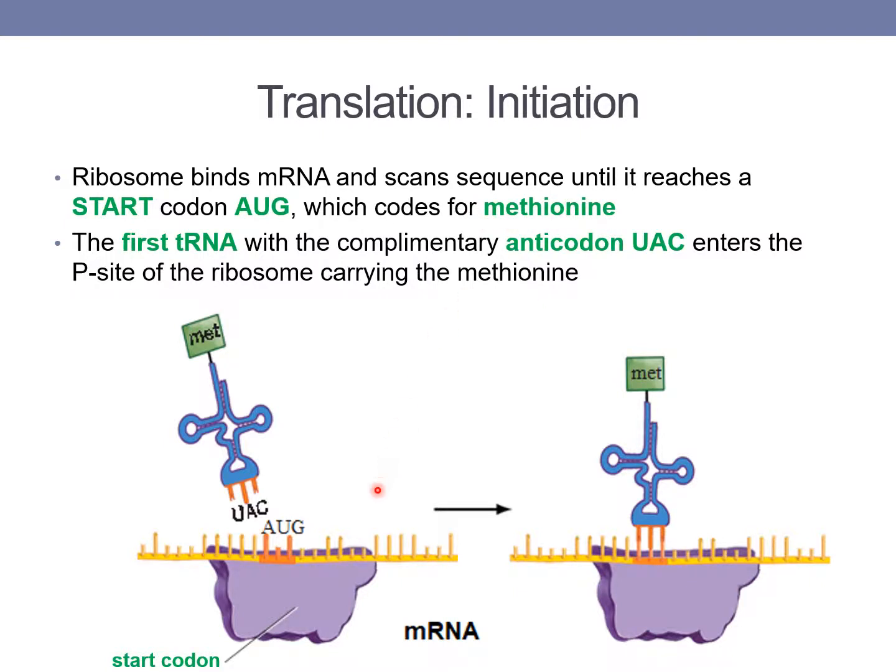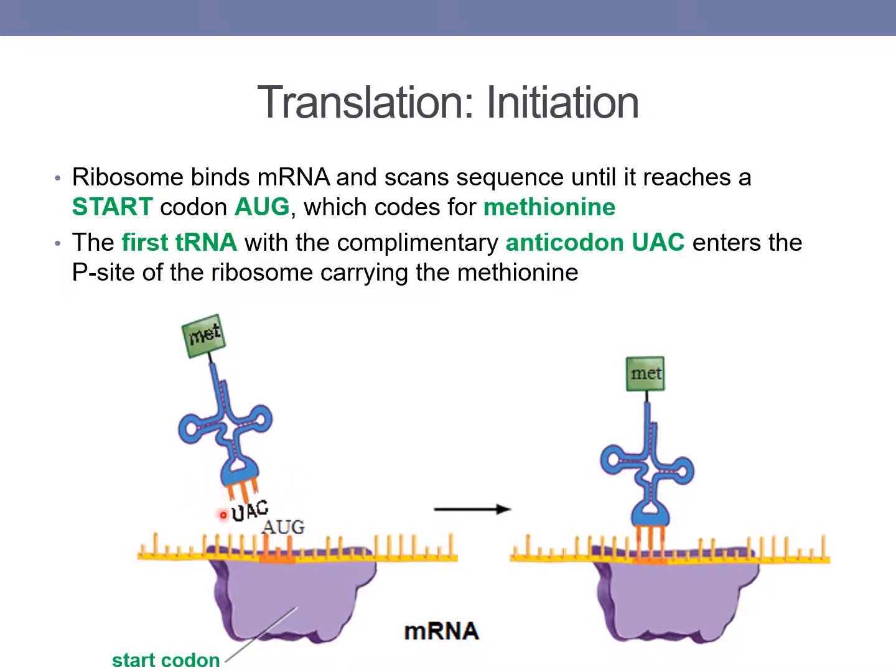And so that first transfer RNA that's going to enter the ribosome, bringing that first amino acid, is going to carry a methionine amino acid.